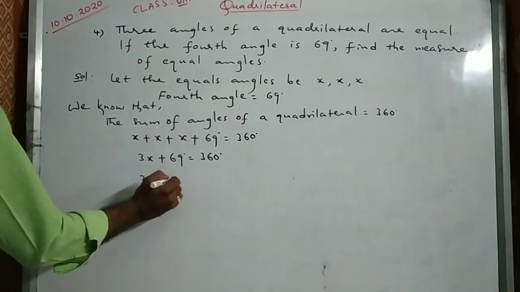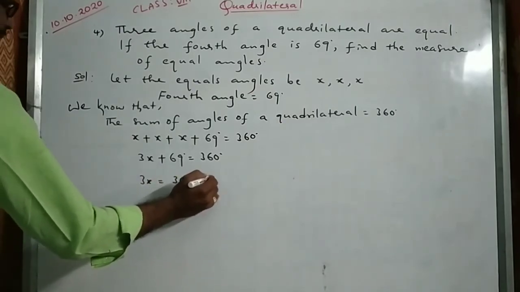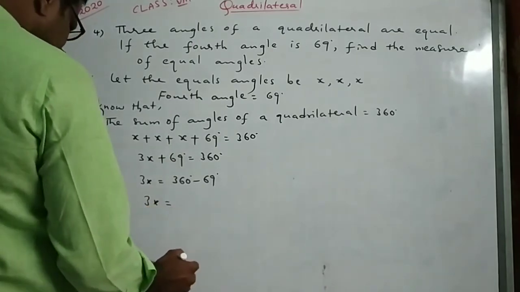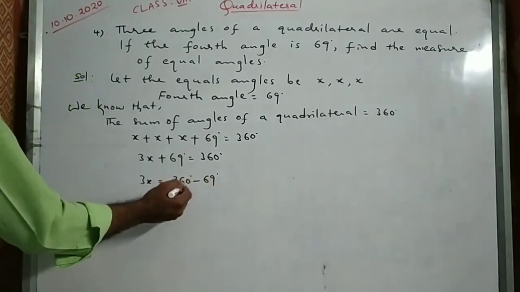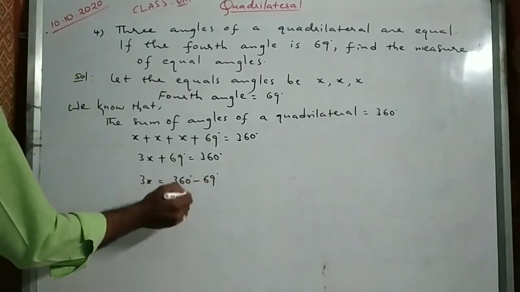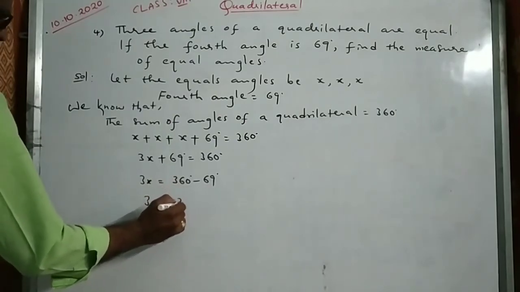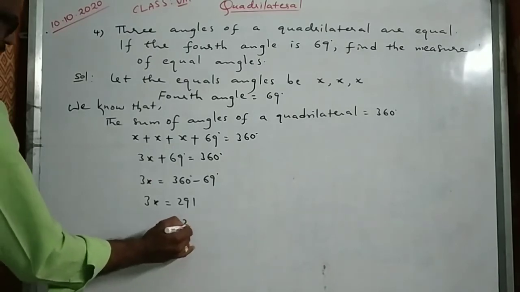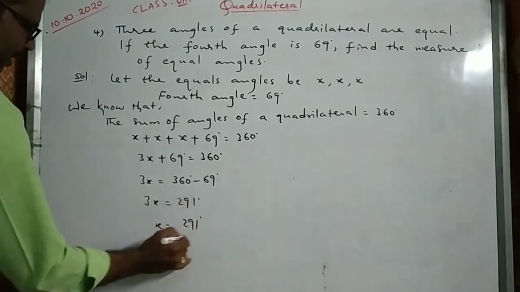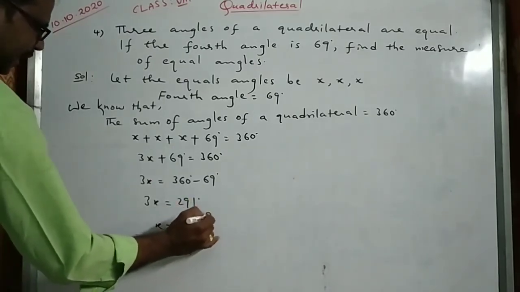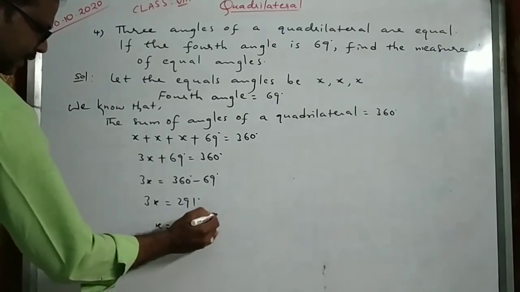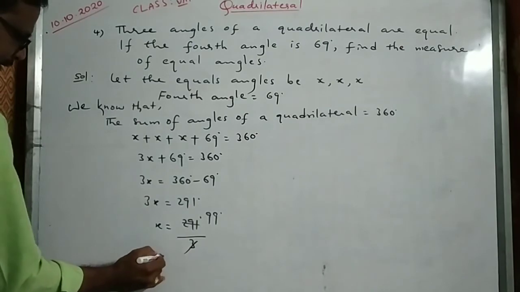3x equal to 360 minus 69. 360 minus 60, 300, minus 9, 291. Right? So x equal to 291 upon 3. 3 9s are 27, so 97.